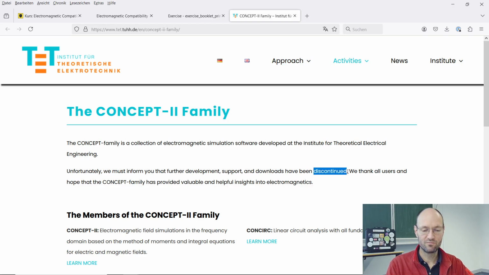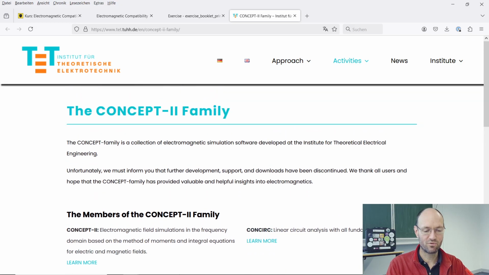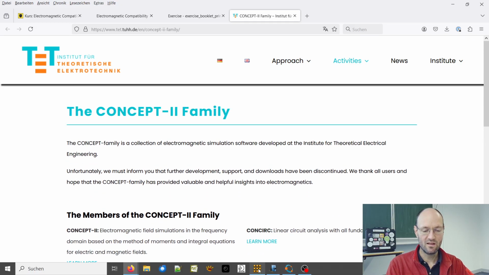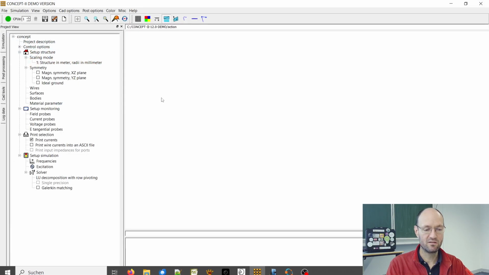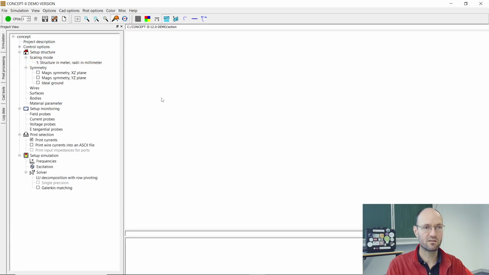So you cannot download it from there anymore, but there are probably other ways to find it. There has always been a demo version that can be used by students that is somehow limited in the complexity of the models that you can simulate, but for these, let's say, hello world examples, it's totally enough.